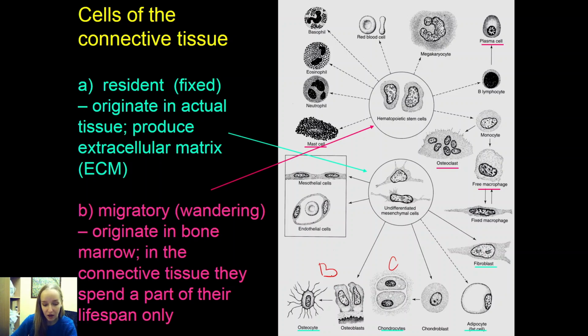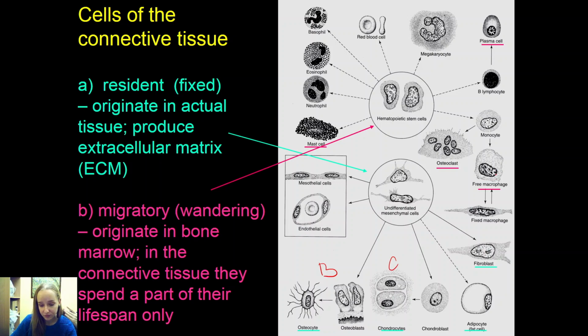Another type are migratory cells or wandering cells, which are derived from hematopoietic stem cells. So we have some stem cells in the bone marrow, and these migratory cells are derived from these stem cells. Do you remember in the proper connective tissue we had mast cells or plasma cells, which differentiate from B lymphocytes, and also free macrophages?